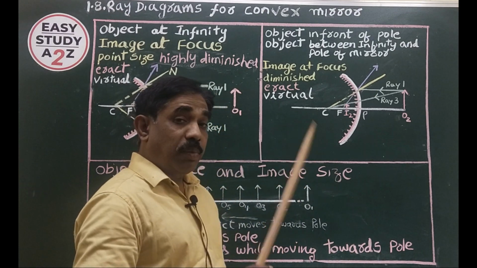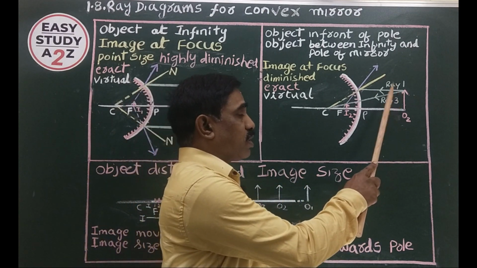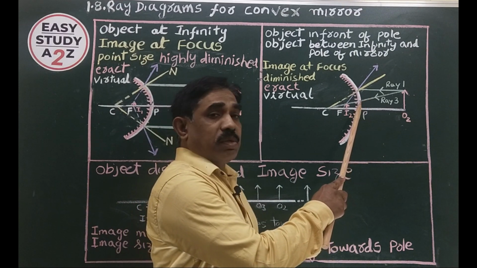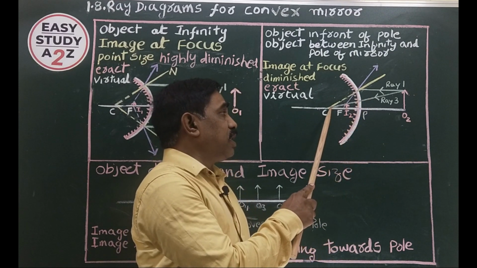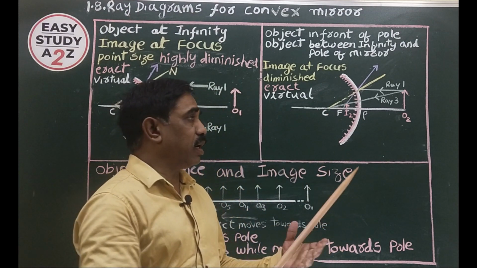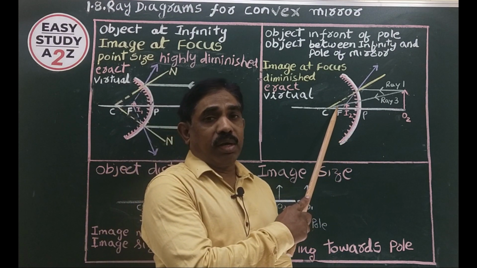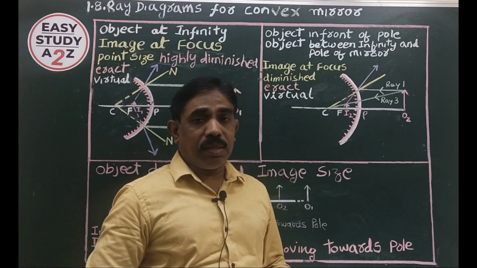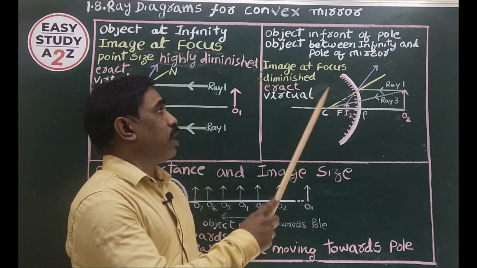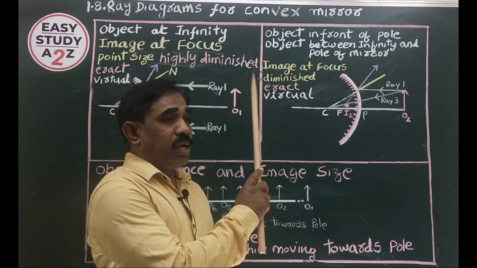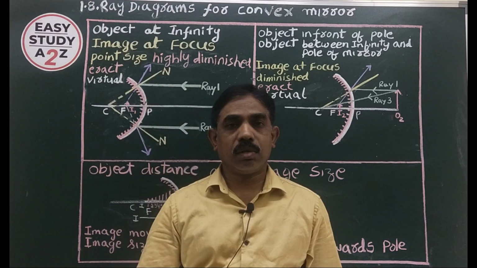Then the third type of ray starts from the object and falls on the convex mirror, and it appears as if it is starting from the center of curvature. These two reflected rays meet at a point, and at the point of intersection we get the image. The image is formed at focus and the image is diminished, erect and virtual.